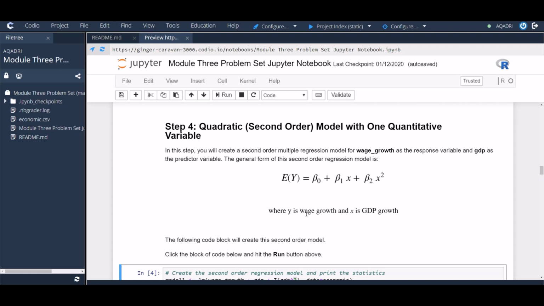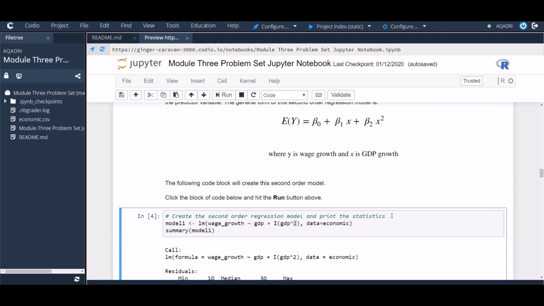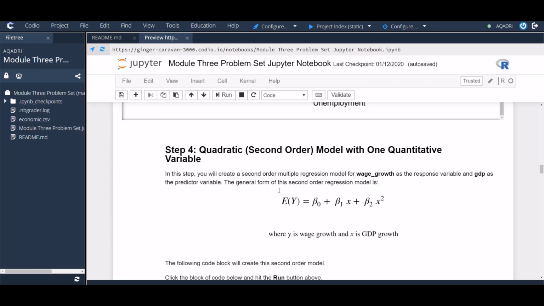So here we are modeling wage growth using GDP growth as predictor. Okay, so let's see how we're going to do this. So first of all, you'll notice that I'm using the LM function again. So the nice thing here is that you don't have to learn a new function in R to be able to create quadratic models.